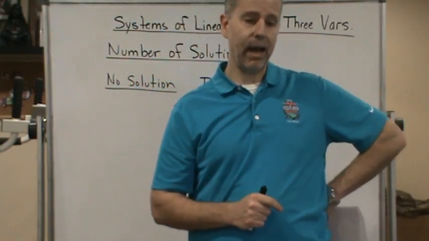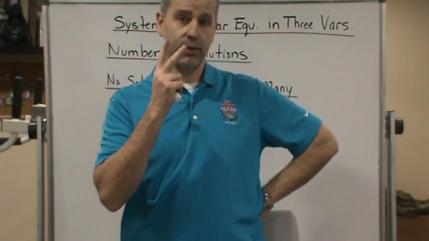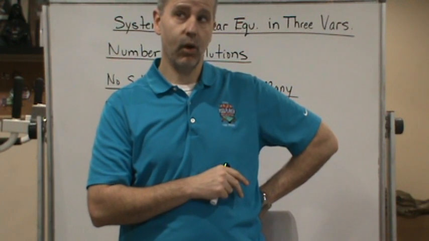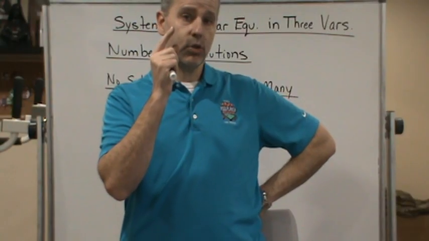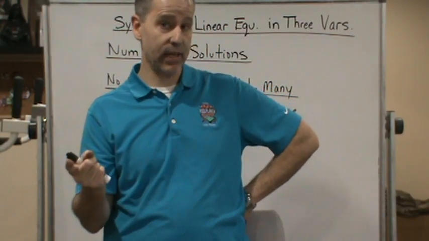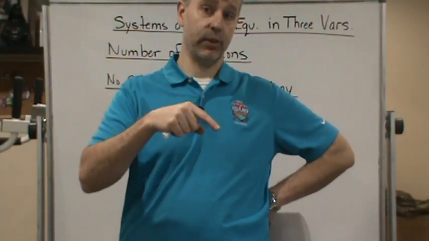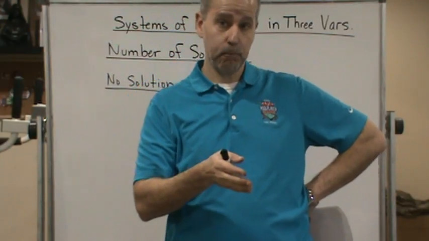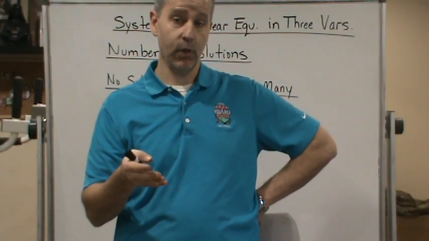Or we could have all three of the planes intersect, but they don't intersect at one point. Let me explain it this way. Let's say one plane intersects the other one, but doesn't intersect the third, and then the other two planes intersect, but don't intersect with the other one. So let's say plane A and plane B intersect, but plane C doesn't intersect both of those, right?